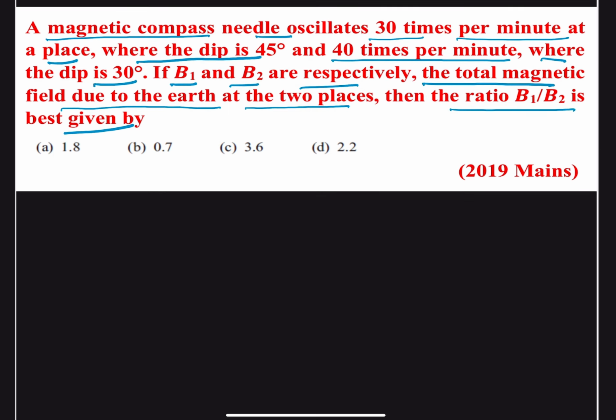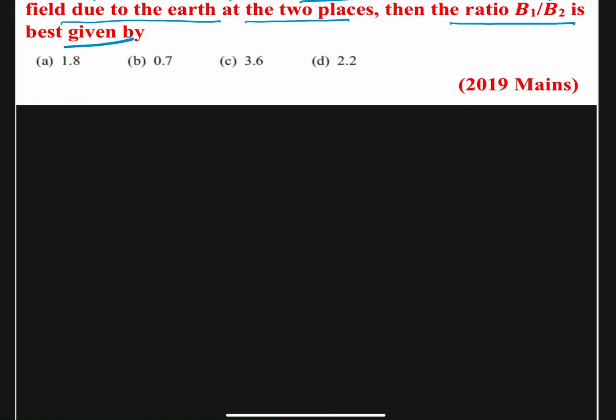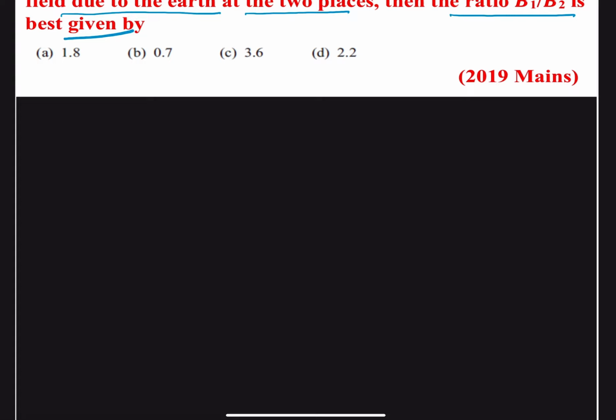Okay. So we have two frequencies of oscillations. One is at 45, another one is 30, and the angle of dip is also two: one is 45, another one is 30. And for the frequency of oscillation of a magnetic needle, we can write the formula.